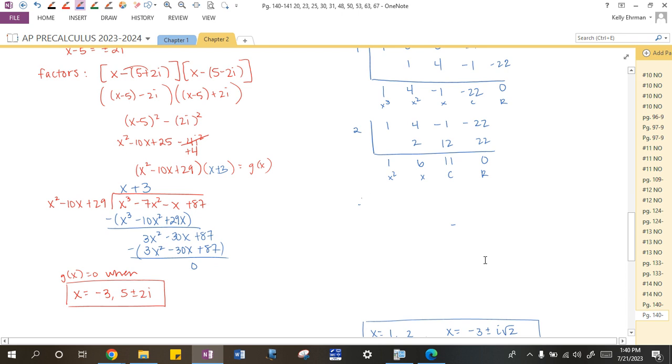So for the zeros, we want to figure out when is x squared plus 6x plus 11 equal to 0? When x equals negative 6 plus or minus the square root of 36 minus 4 times 1 times 11, all over 2 times 1. 36 minus 44 is a difference of 8.